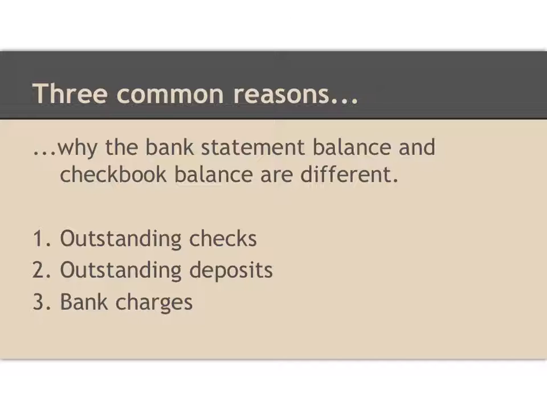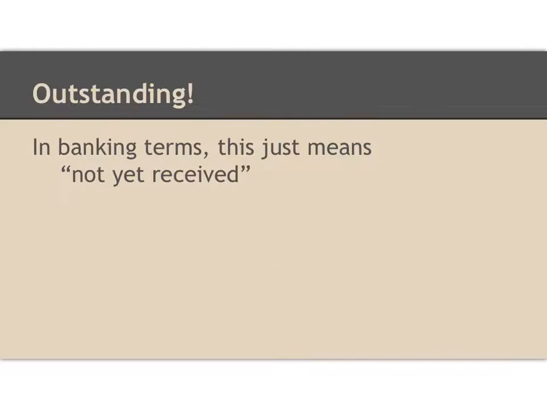Now, that $8 that I just pointed out a moment ago, that Maria may not have been aware of. In banking terms, the word outstanding just means it hasn't yet been received. It stands out from the transactions that have been fully processed.